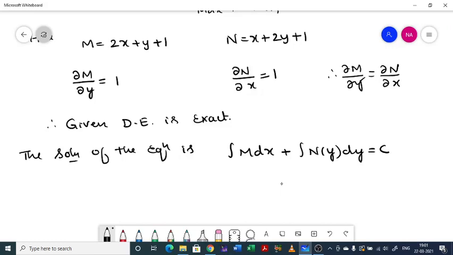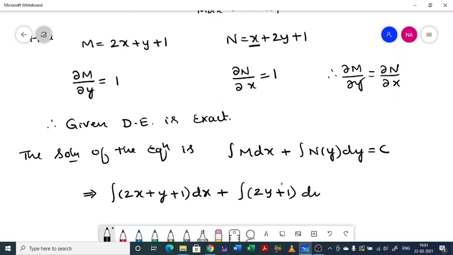Integral M dx plus integral N of y dy equal to c. That implies, substituting for M and N of y, integral (2x plus y plus 1) into dx plus integral N of y. You have to look into terms not containing x, so you remove only this term. The remaining 2y plus 1 you can write as it is, into dy equal to c.